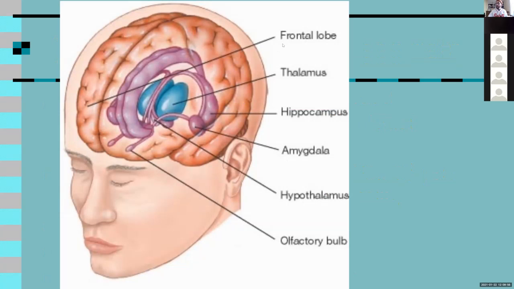The limbic system includes the frontal lobes of the brain, which we'll talk about in just a moment, the thalamus, which we talked about a few moments ago, the hypothalamus, which we were just talking about, and the amygdala. The amygdala is very important in our fight or flight response.